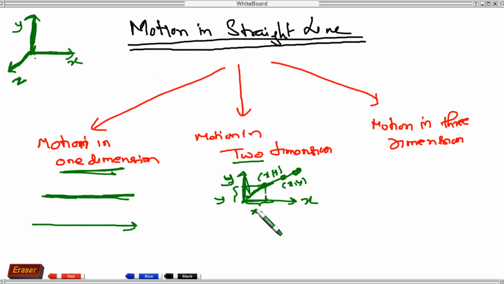Here it was traveling in only one of the axes, so it's one dimension. Here it's traveling in any two axes of this coordinate system.